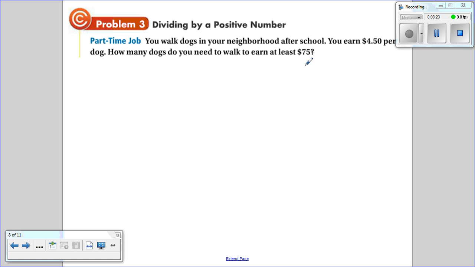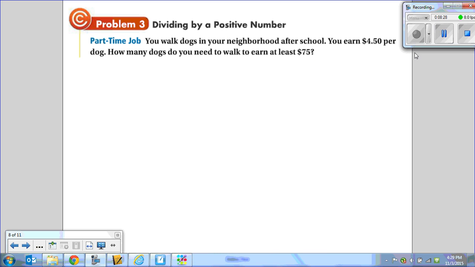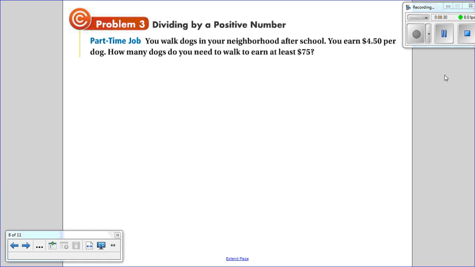So you walk the dogs in your neighborhood after school. You earn $4.50 per dog. How many dogs do you need to walk to earn at least $75? So we're going to say D is equal to the number of dogs walked.